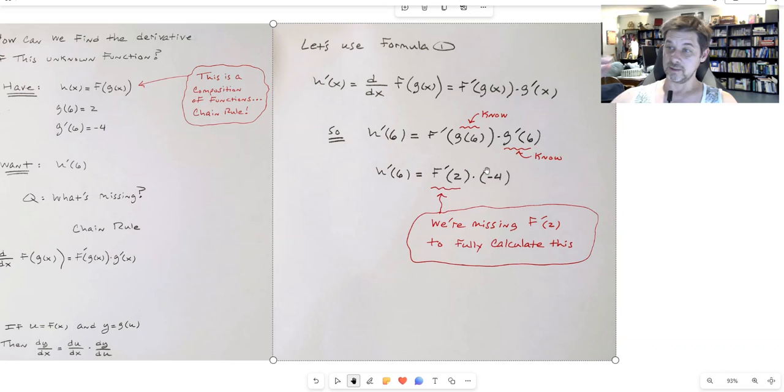Okay, so we're like working this down. With my formula, I expressed what the derivative would be. You want the derivative at this number. I put that in. I have some of that information. So it seems like I'm getting there, all right? But I can't take it all the way. If I was going to calculate this all the way, I need f prime of 2, okay? So that's what's stopping me from going any further and getting a final answer to whatever this would be.